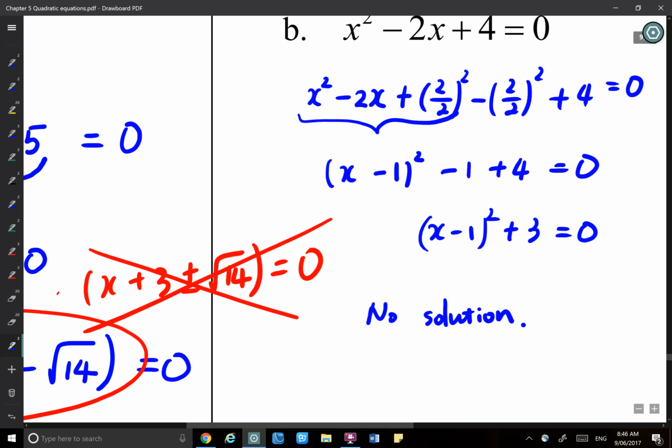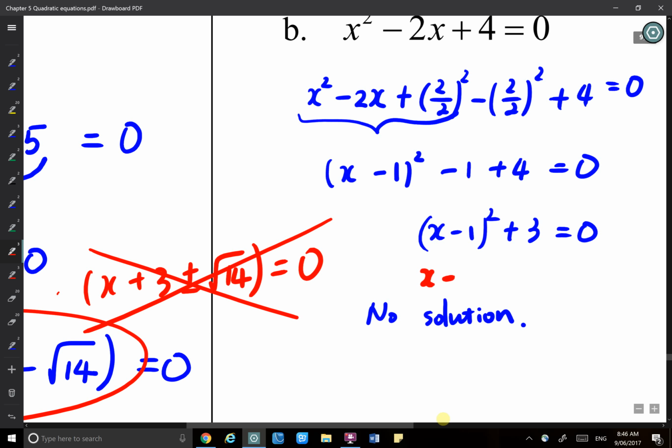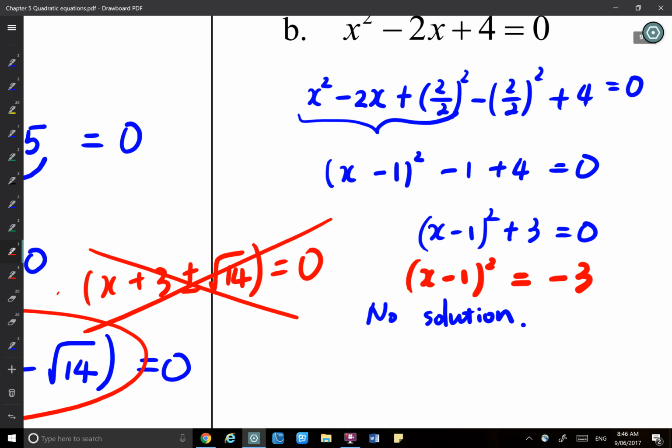If you ask me why I can't keep going, why I can't factorize and find the answer, I can reason it for you like this. x minus 1 squared: if I move the 3 over, I get a negative 3 on the other side. Anything squared will not be a negative number. Doesn't matter what number is squared, it will always be a positive number.